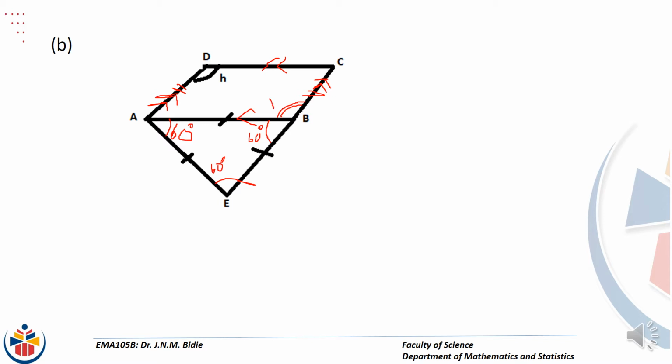That means that is 120 degrees. So if it is 120 degrees, what is one of the properties that we have for a parallelogram? It simply says opposite angles of a parallelogram are equal. So that means H is also equal to 120 degrees.